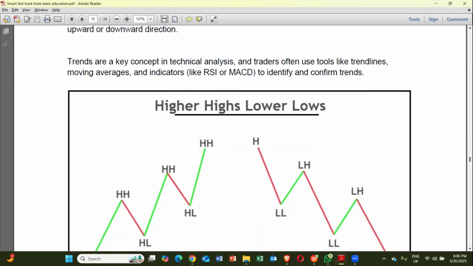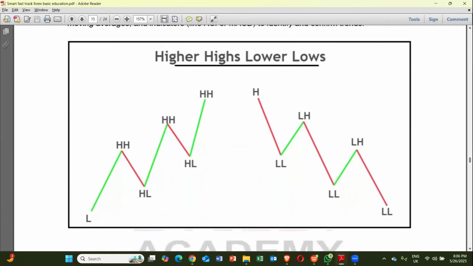We use this illustration, this image, to show us what a trend looks like. When the market is trending up, it will be creating levels, which we call higher highs and higher lows. As long as this high is higher than this previous high, it is a higher high.